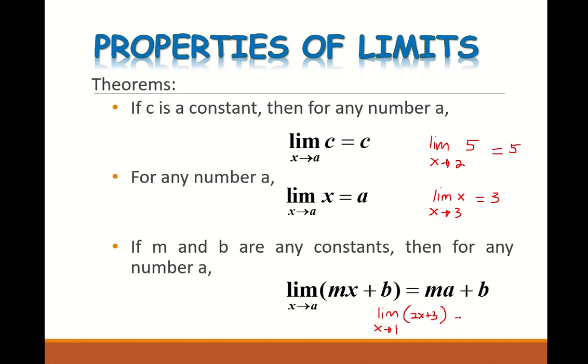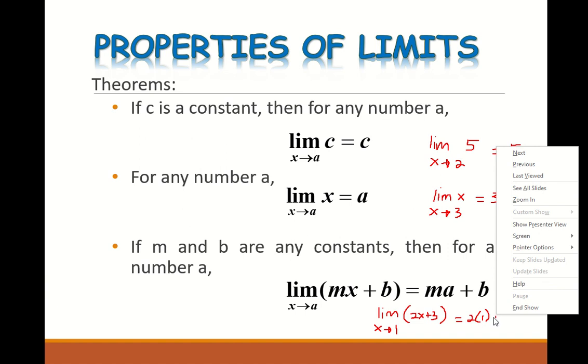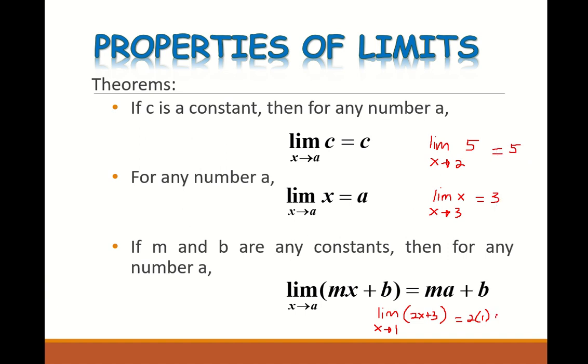then we have, so our m here is equal to 2. Our a is equal to 1, so therefore we have 2 times 1, then plus our b, which is equal to 3, so plus 3.